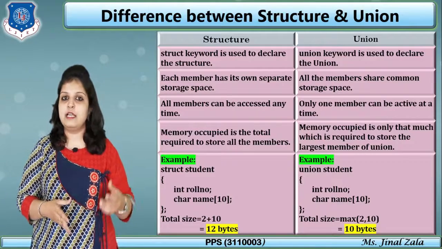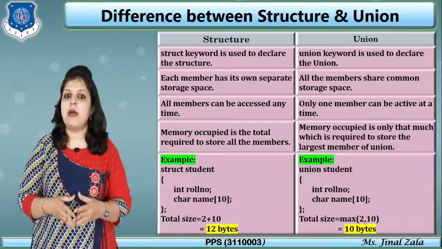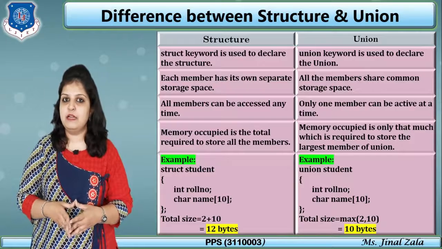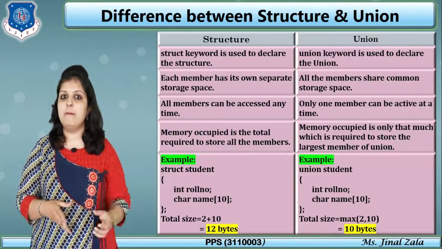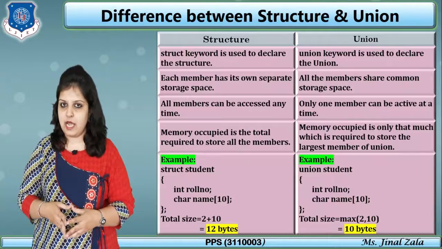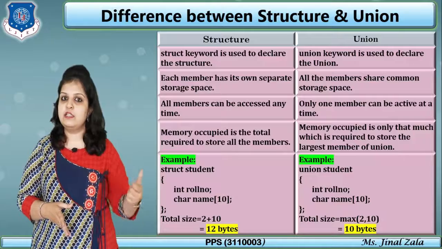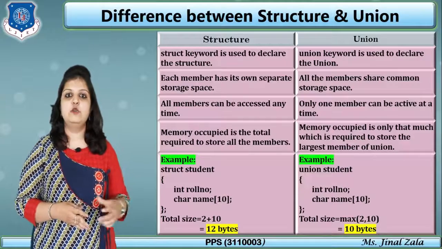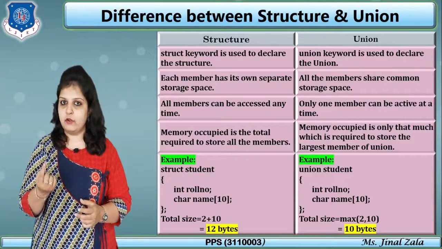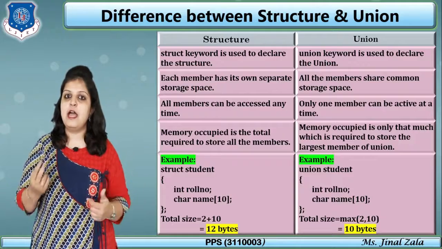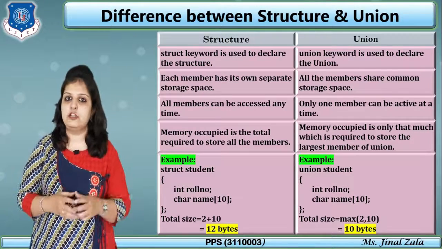And when you declare your structure variable, then memory occupied by this variable is the total of all the members. And how we can calculate? Just see the example below. One student structure is available and here two members are present. One is a roll number, that is integer, and one is a name, that is character array.